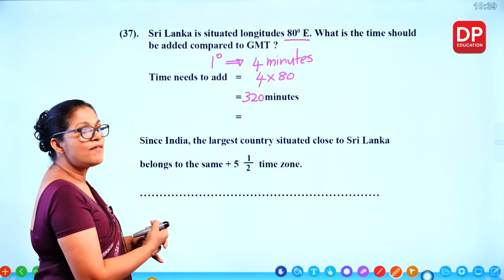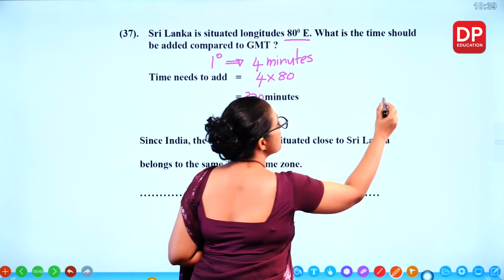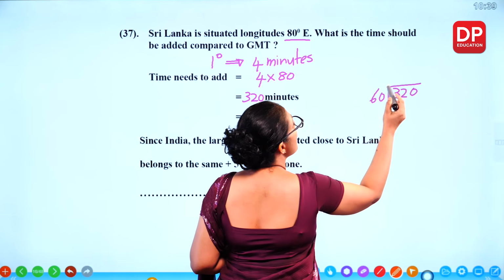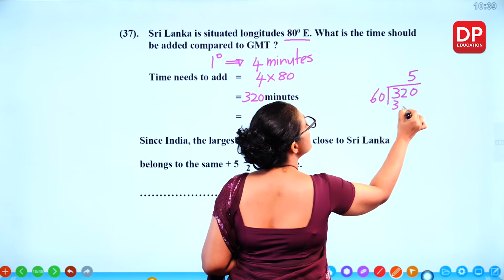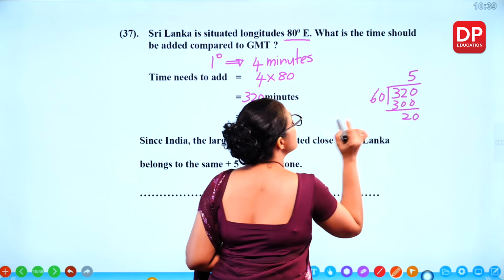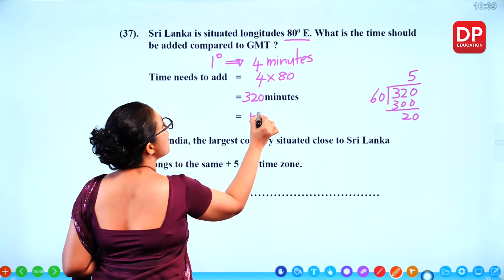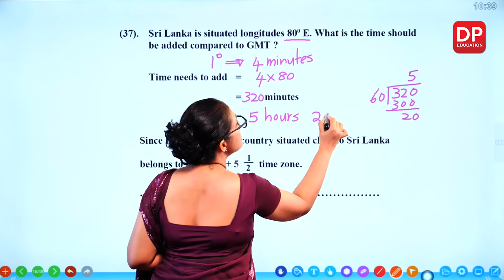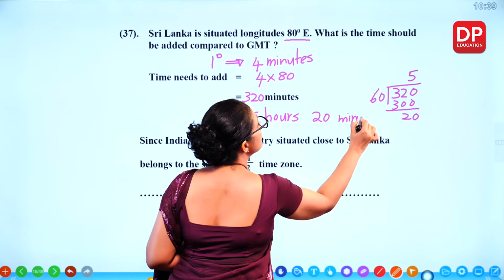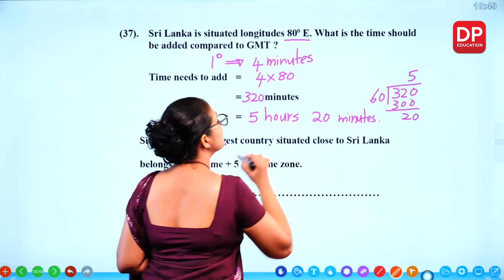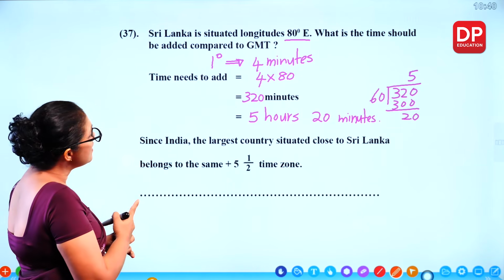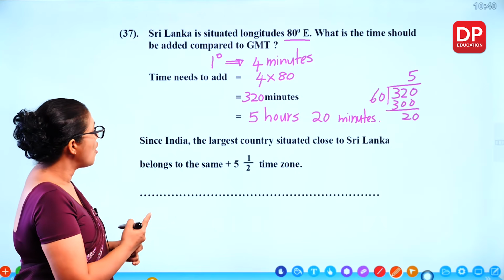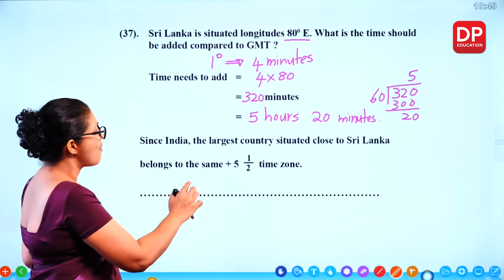Convert to hours, divide by 60. 320 divided by 60, you get 5, with 20 remaining. So you can write 5 hours and 20 minutes. Since India, the largest country situated close to Sri Lanka, belongs to the same zone, it is 5.5.